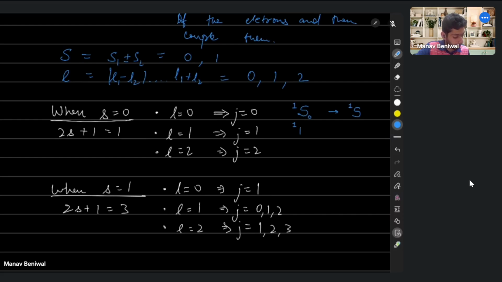L is 1, will give us P, and this is 1, so we can also write this as 1P. Again, we will have 1 here because S is 0, and L is 2, which means D, and again 2, so 1D, like this.